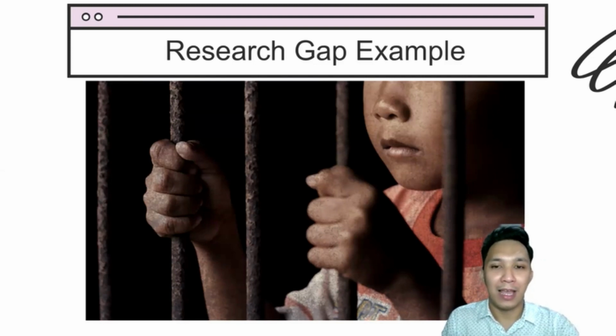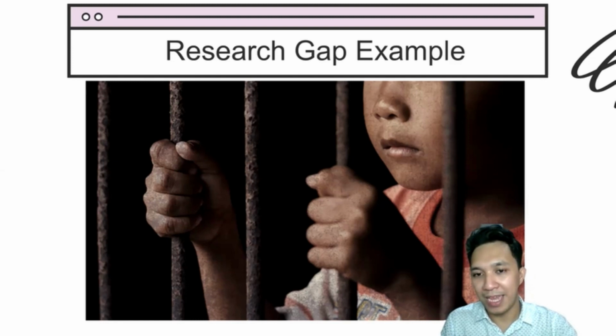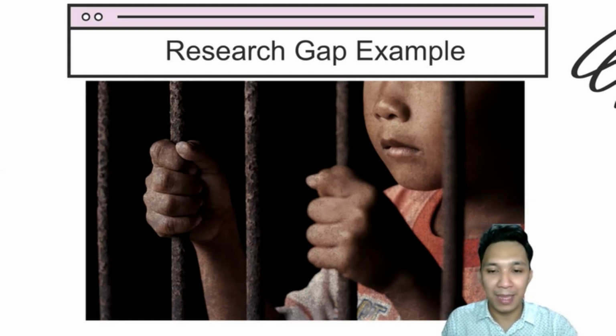example, as you can see in the picture, this is a child who is being imprisoned. For example, in the topic of juvenile delinquency, while thousands of studies have previously been conducted to study juvenile delinquency, this topic is far from being exhausted as a research area.